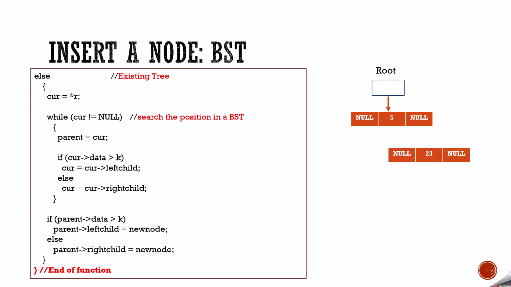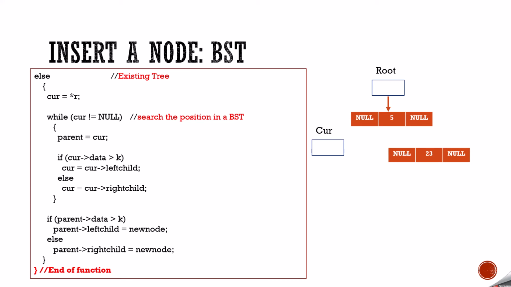Now I have to put it in its correct position according to the BST rule. So we'll go on traversing the tree until we reach the end of the tree. That's why, at the very beginning, we cannot change root, so we'll take another temporary pointer variable that will help to reach the end of that particular traversal.